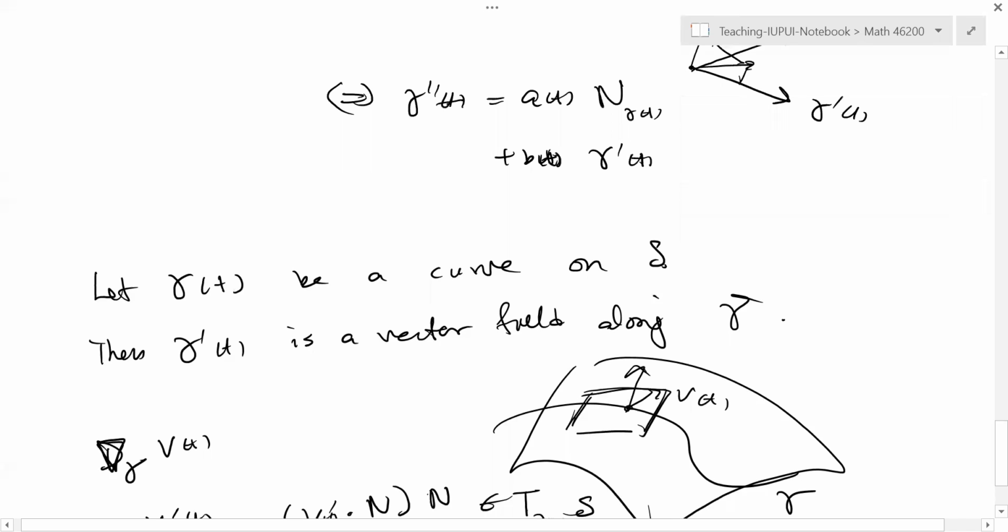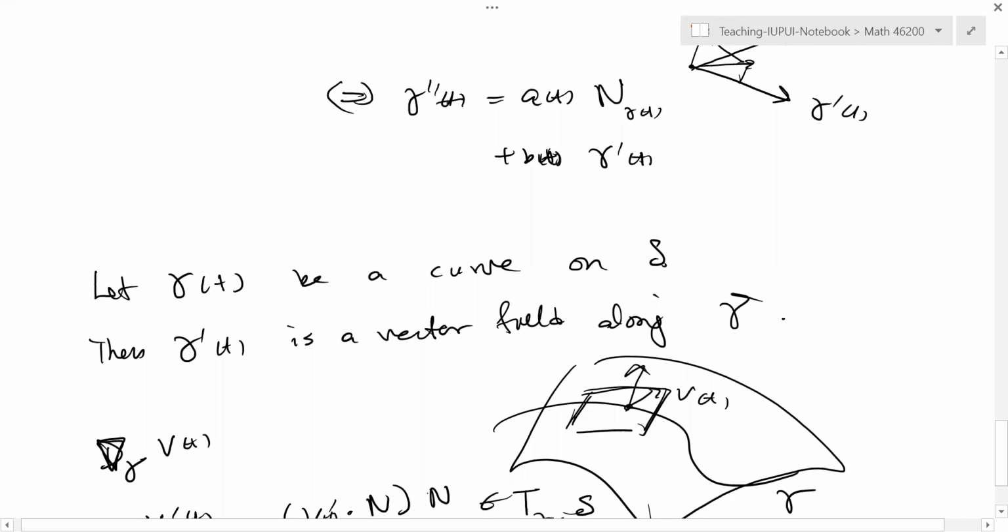If it's a geodesic, if and only if you have this identity.